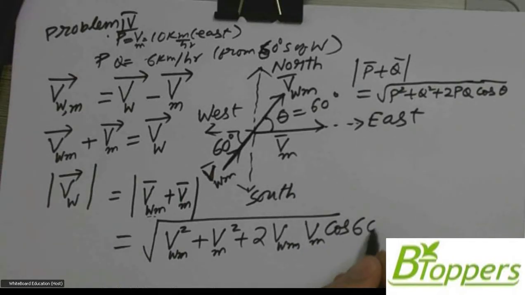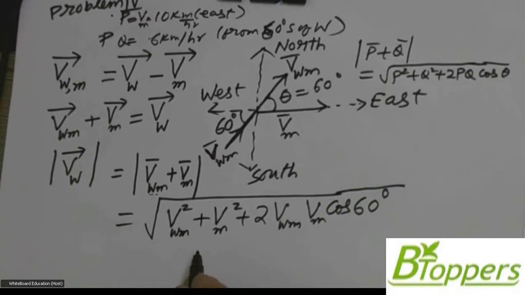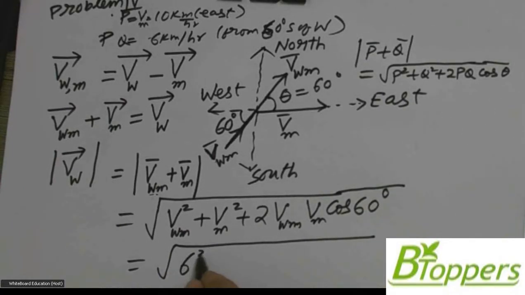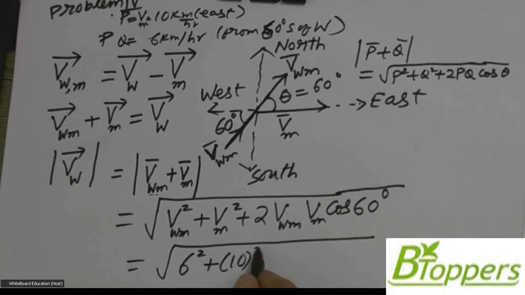So the angle theta is 60 degrees. You can substitute the given values now. The magnitude of the relative velocity of the wind with respect to the man is 6 km per hour. The magnitude of the velocity of the man is 10 km per hour.